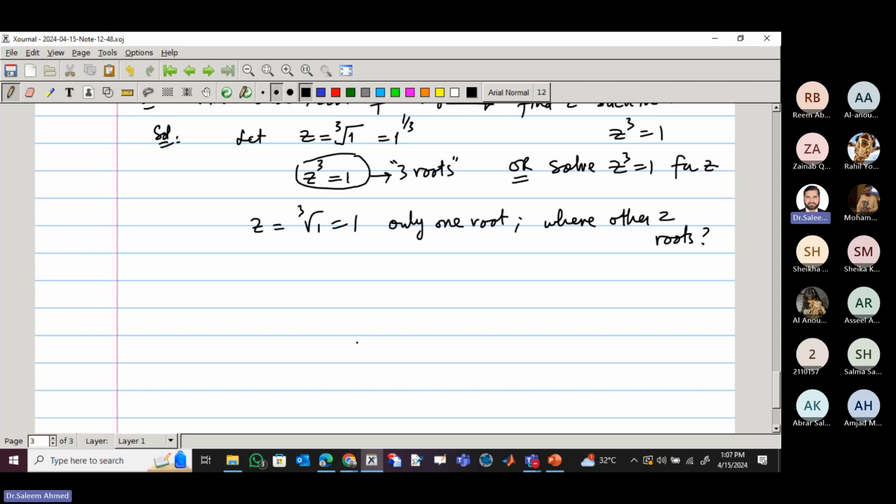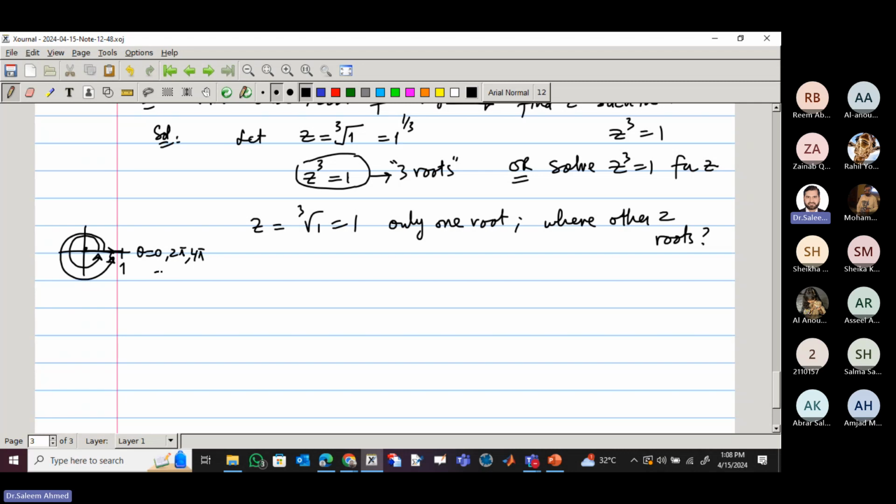This is the issue. So what we do, we use that method of writing 1 in polar form. So let's say this is your 1. My length is 1 and theta is 0, right? So I can take theta 0 and then come back. I can take theta 2 pi and again come back, take theta 4 pi.